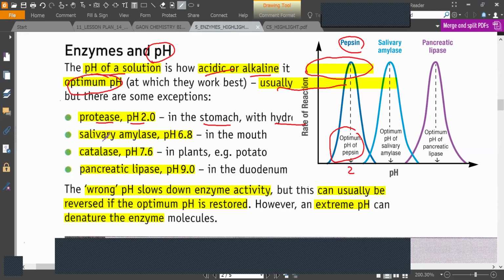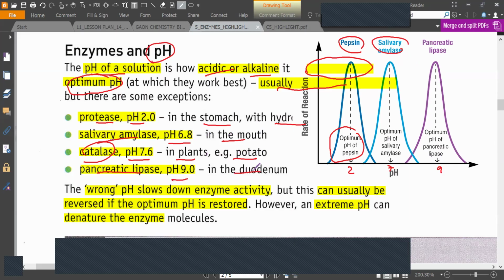Salivary amylase is at 6.8 in the mouth, around 7. Catalase is pH 7.6, found in plants, potato for example. And pancreatic lipase works well at pH 9.